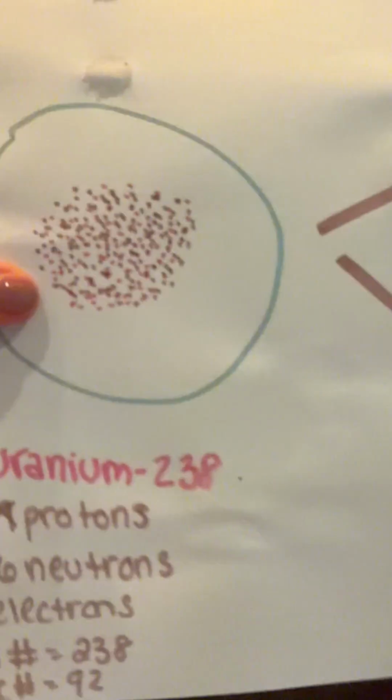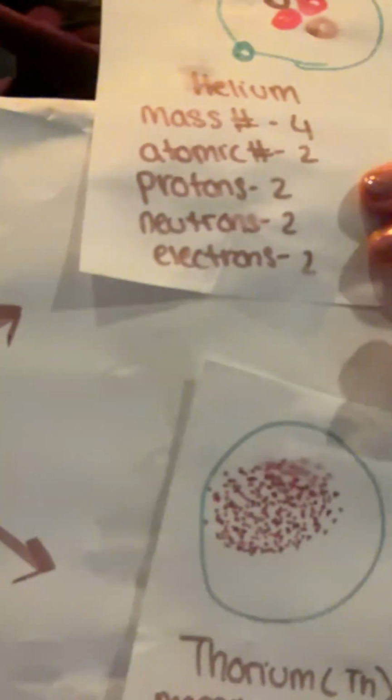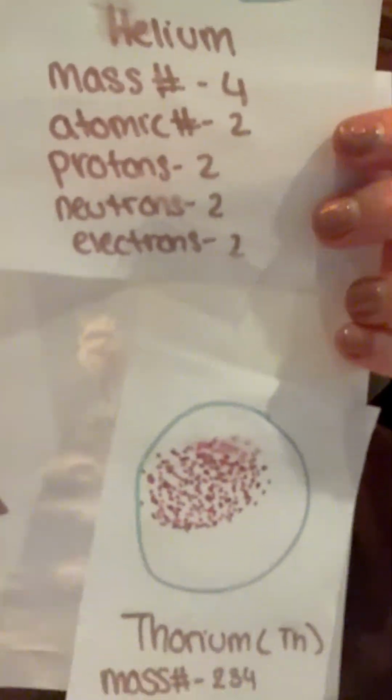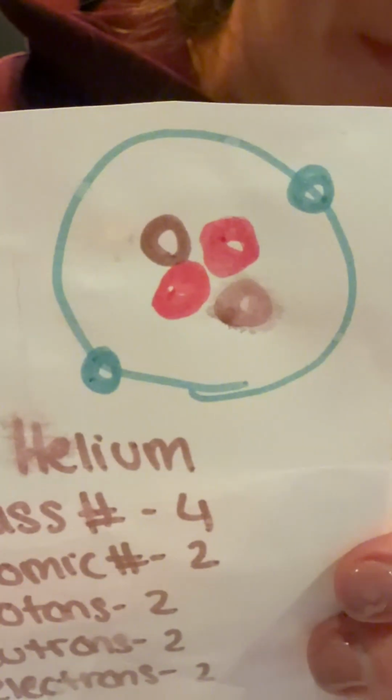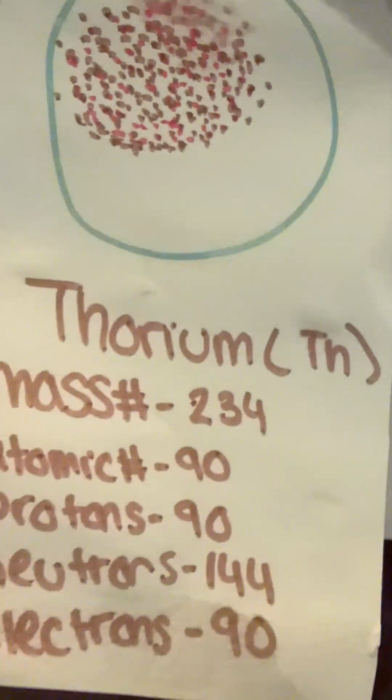So let me get a piece of tape again. This unstable uranium went through alpha decay, and on the other side of that decay is a helium atom, 2 protons, 2 neutrons, and the thorium atom.